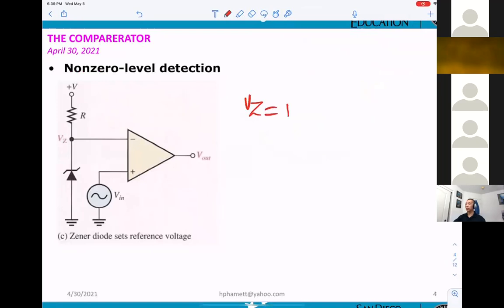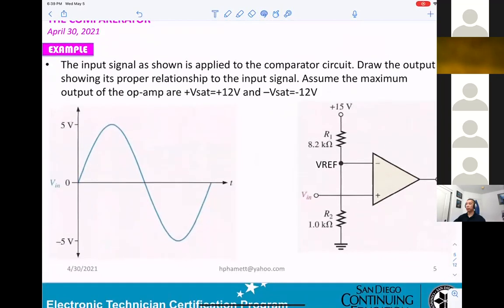VG 10 volt, plus V. Let's see. No, forget it. We have to give you a little more information. We don't need that for now. Let's see, what else? Here.